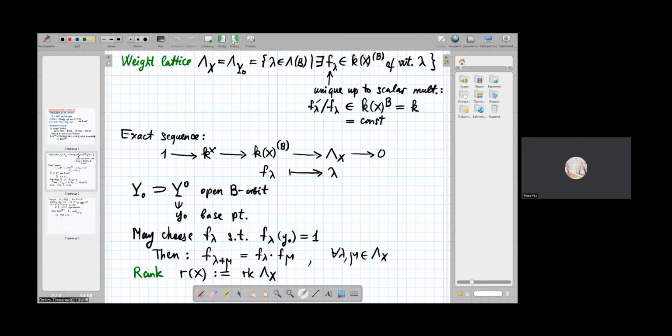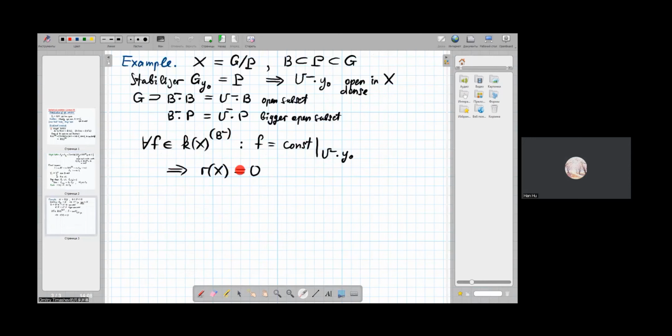Let me add that actually this equality is a characterization of generalized flag varieties. One can prove that if a spherical homogeneous space has rank 0, then it is isomorphic to a generalized flag variety. We'll see it later. Even sphericality is not essential in this statement, but let us do it for spherical homogeneous spaces.